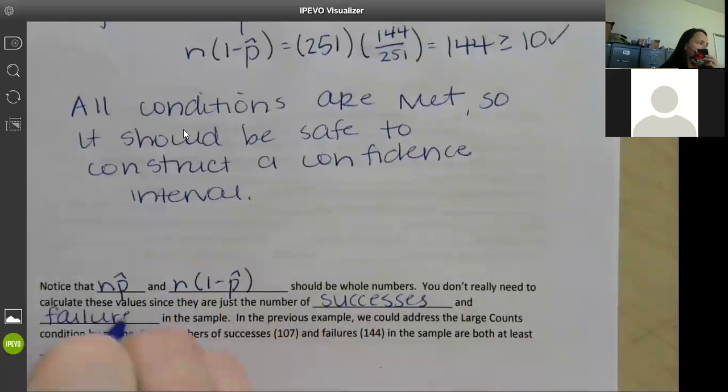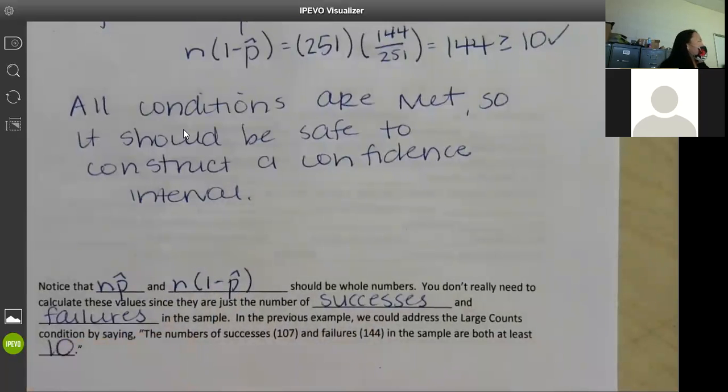So it's those top numbers, what we wanted and what we didn't want. In the previous example, we could address the large counts condition by saying the numbers of successes 107 and failures 144 in the sample are both at least 10. Does not matter which way you do it. I do not care. I keep it consistent, so I just go ahead and multiply it. Okay, it's up to you though.